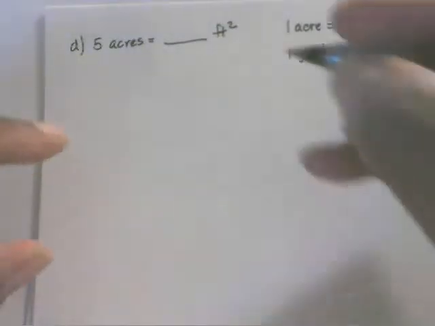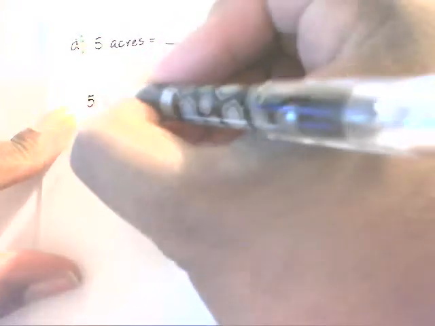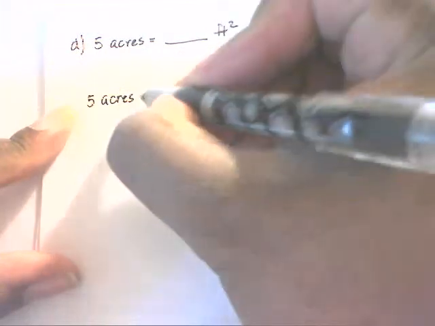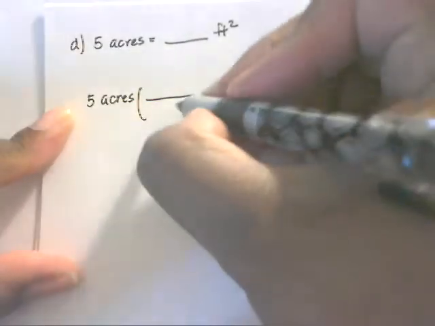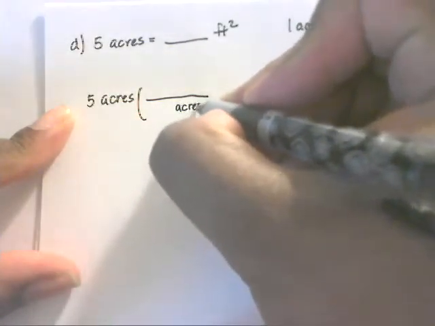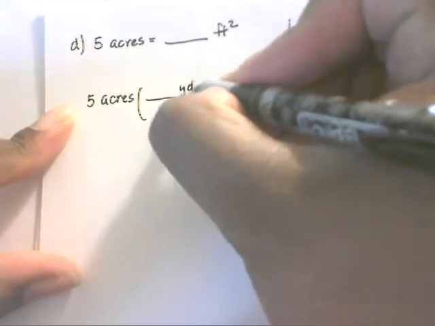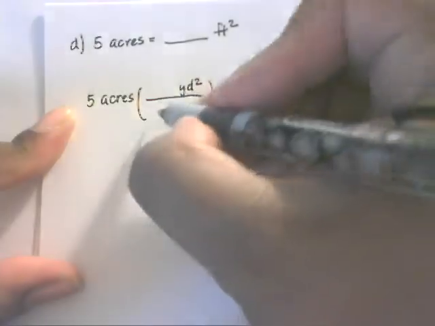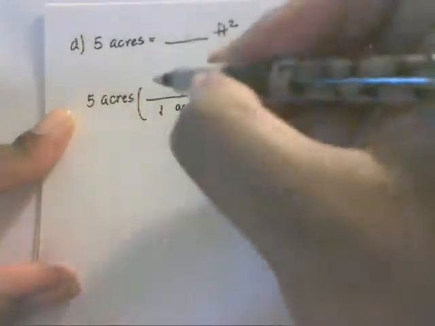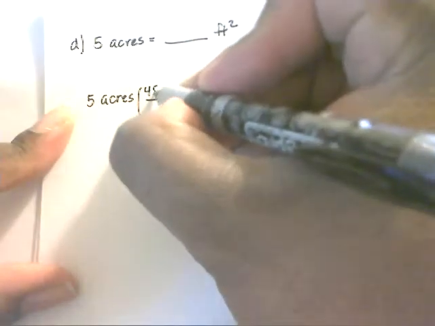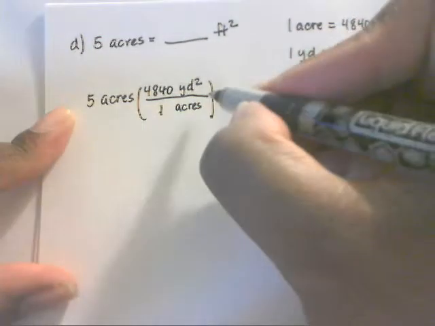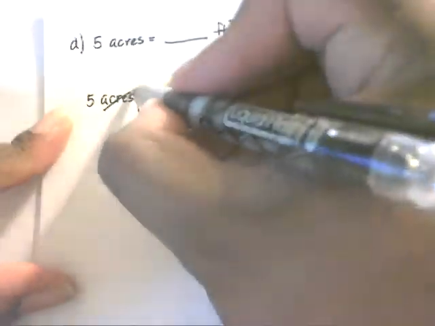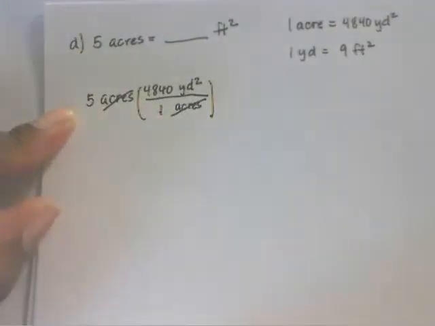Okay, so here we go. Start with 5 acres. We're converting from acres, so the acres go in the denominator, to square yards. That goes on top. So 1 acre, that 1 goes in the bottom. The square yards is 4,840. That goes in the numerator. Here the acres will divide out. But we got this in square yards. We wanted square feet.